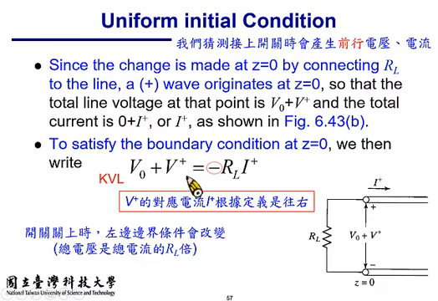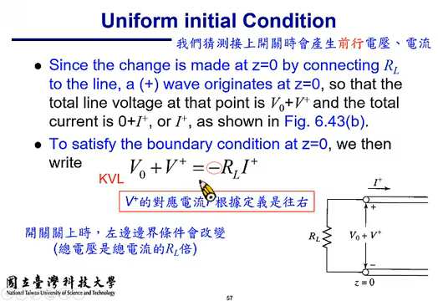And the total voltage over here is V sub 0 plus V plus, where V sub 0 is 100 volts. Because it forms a closed loop, you can use KVL to write out the equation: V sub 0 plus V plus equals minus R_L times I plus.